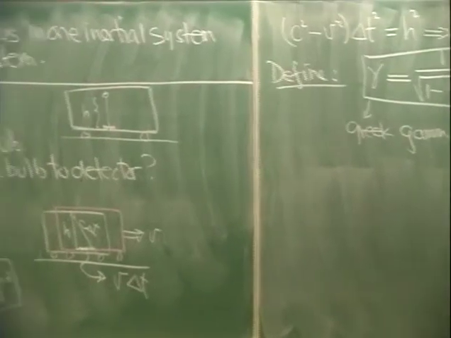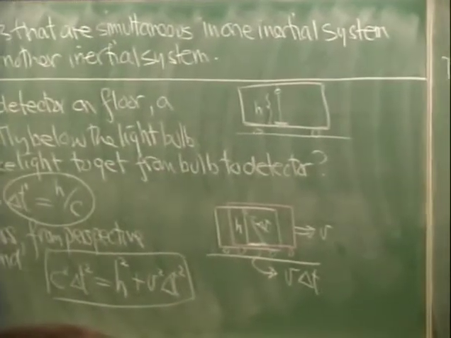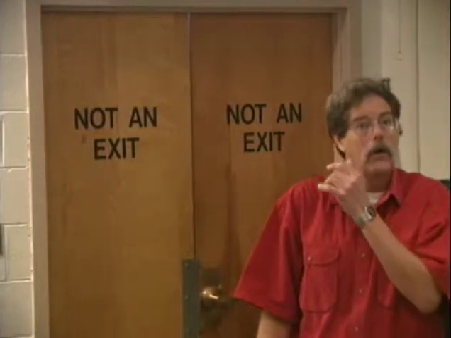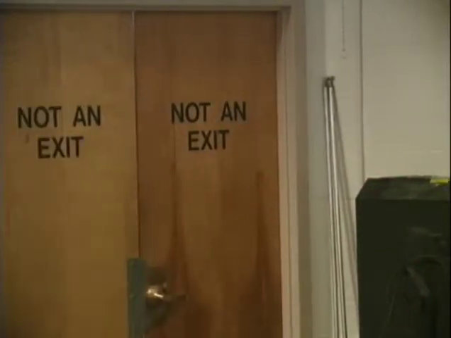So, where are we? Greek gamma was this factor, and is everybody persuaded that this is a number greater than 1? Under what circumstances would it be 1 itself, by the way? If v was 0. If the thing was not moving at all, then v is 0 and gamma becomes 1.